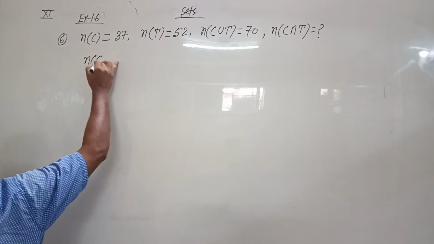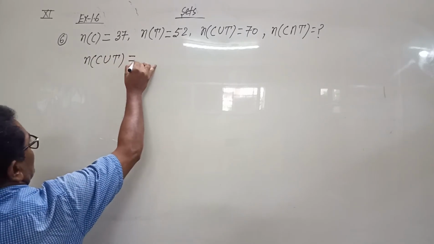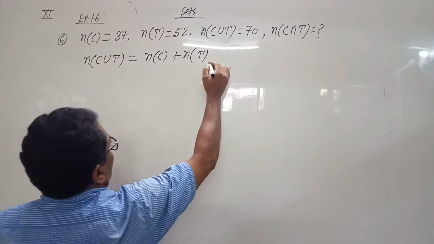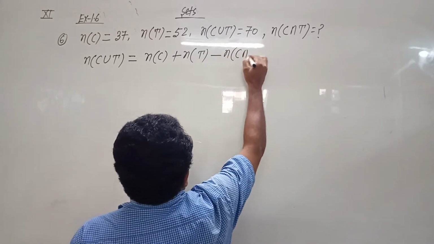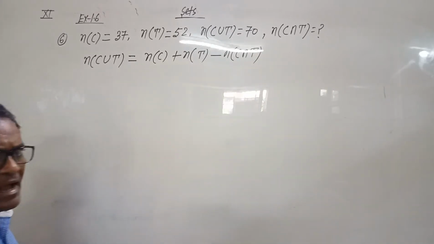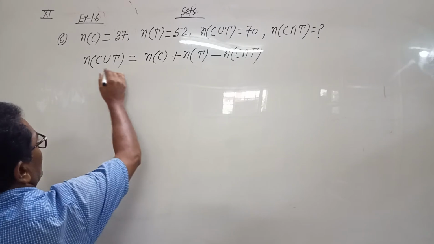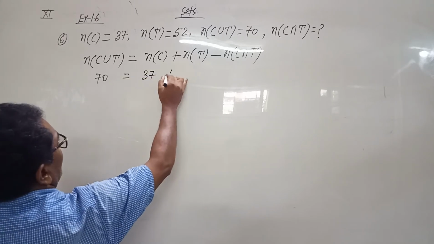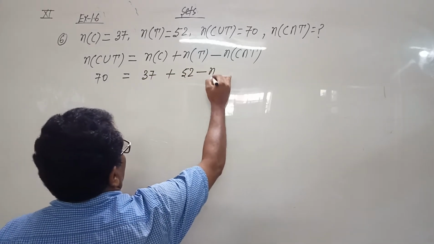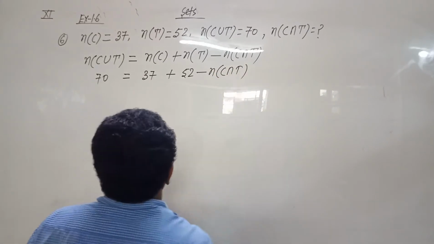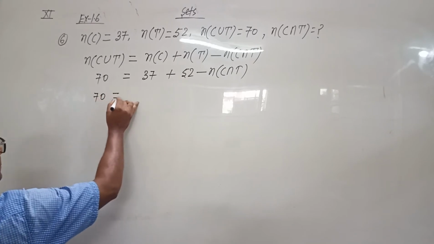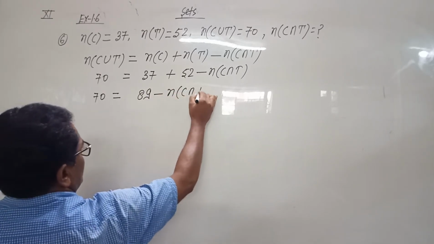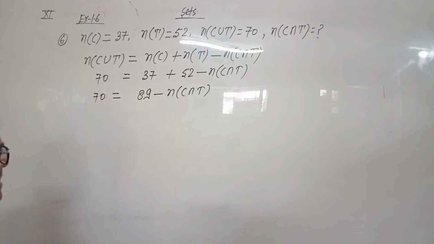So we use the formula n of C union T equals n of C plus n of T minus n of C intersection T. Here n of C union T is 70, n of C is 37, and n of T is 52, and we have to calculate n of C intersection T. So 70 equals 89 minus n of C intersection T. This goes to the left side.